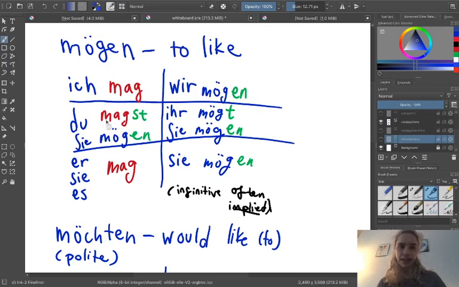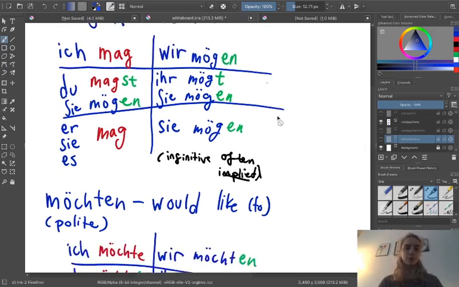We add our st ending to that irregular form for du. Everything else is going to follow the pattern where we take our usual stem, so the part other than the ending, mög, and add our respective pronoun endings to it. So sie mögen, wir mögen, ihr mögt, sie mögen.